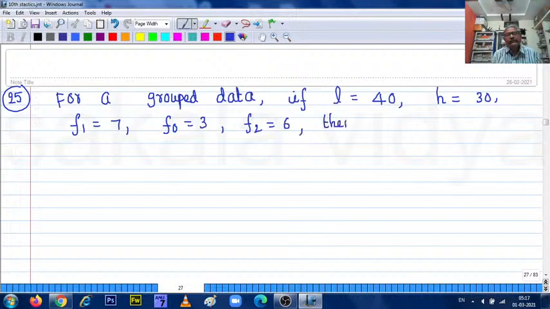Then find its mode. This is the question.